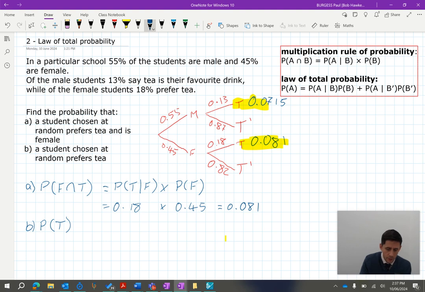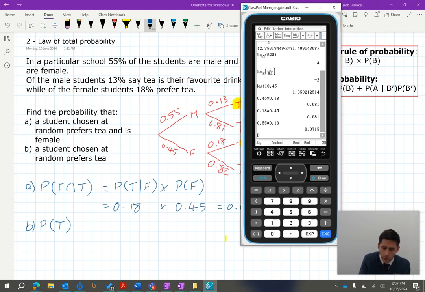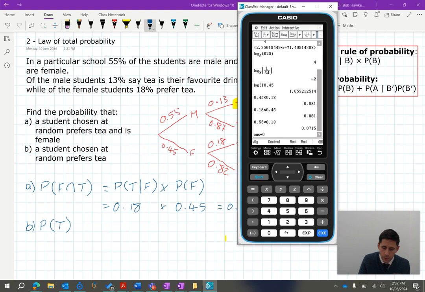0.0715 there. Just going to double check that I've not misremembered that. Yep, that's right. And with a tree diagram, we just add up the things at the end of the tree that we're interested in. So for this, I would do those two things added together: 0.0715 plus 0.081.